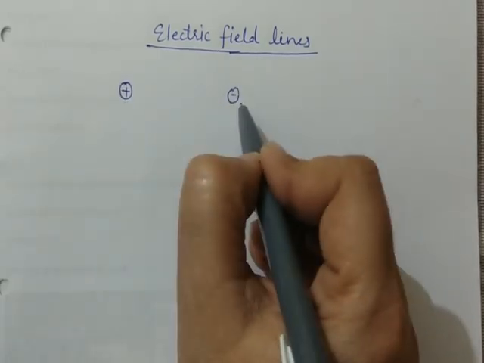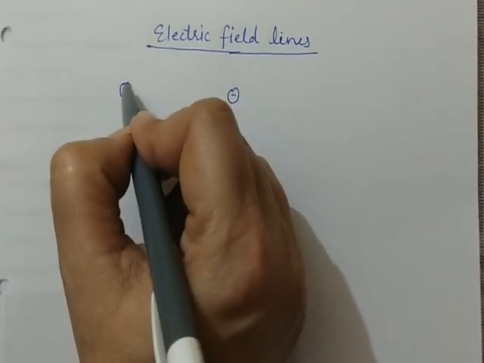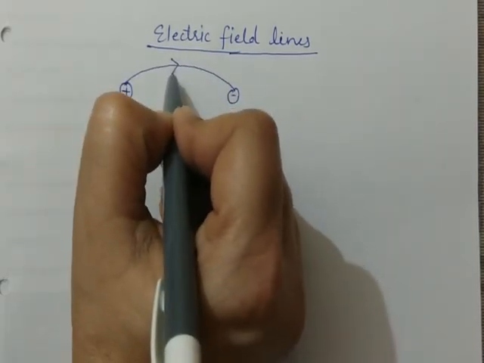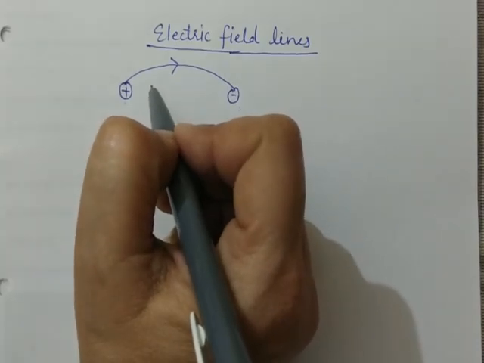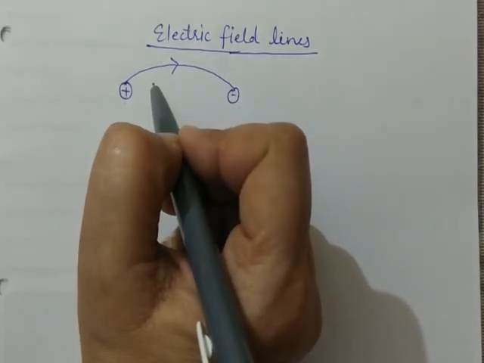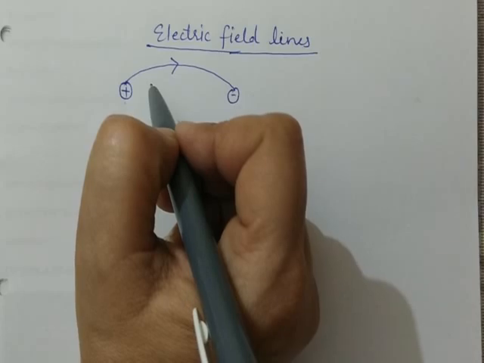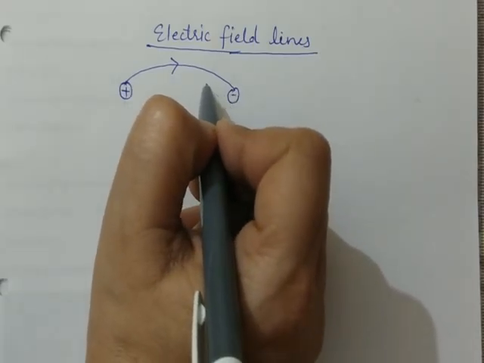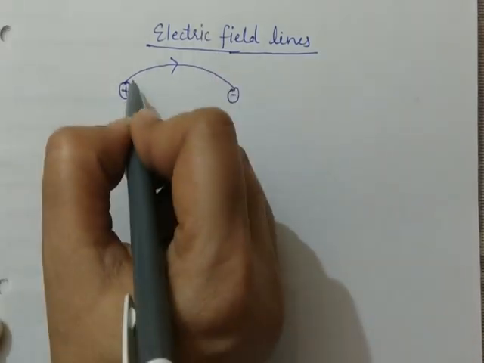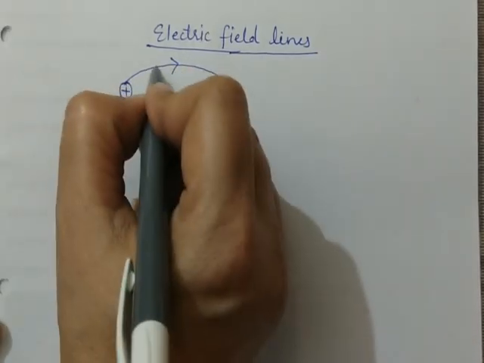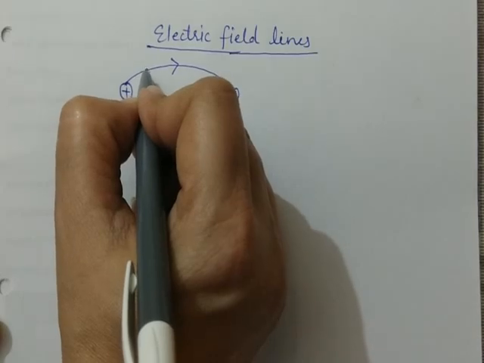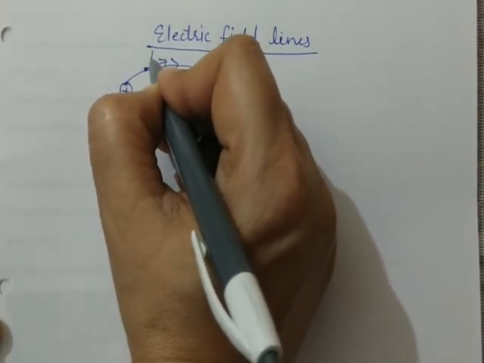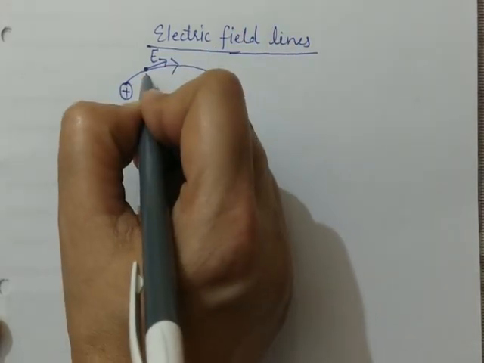If there is a positive charge and negative charge, it will start from the positive charge and move to the negative charge like this. So we can say that an electric field line is a curve that starts from a positive charge and ends at a negative charge, and at any point on this field line, if we draw a tangent, that gives the direction of the electric field at that point.